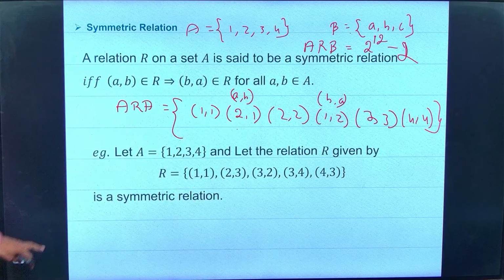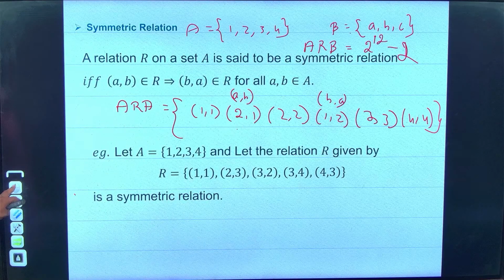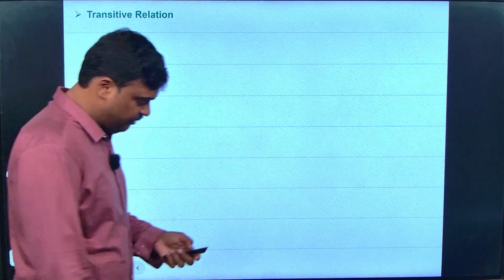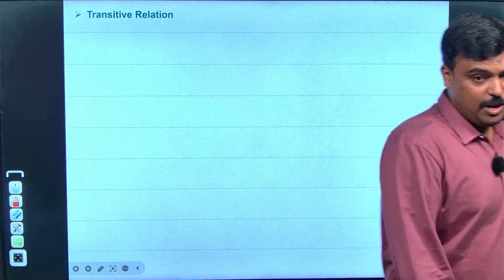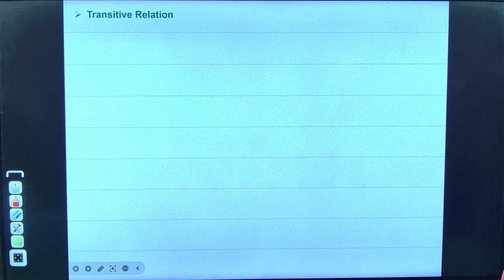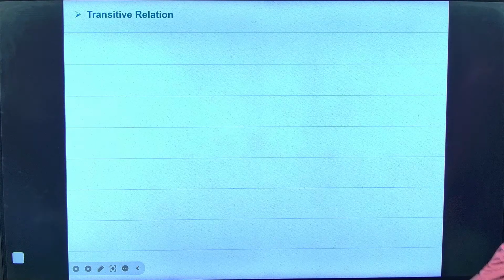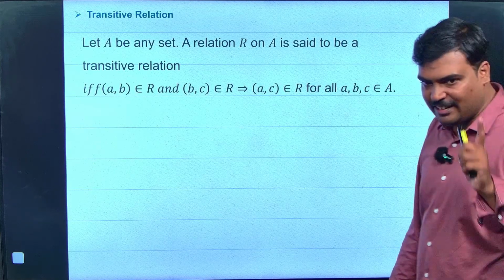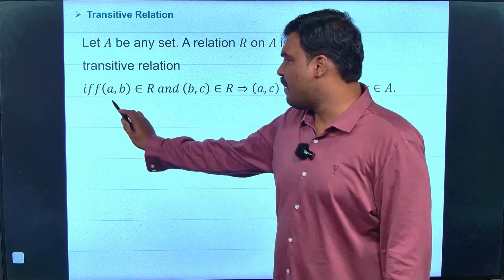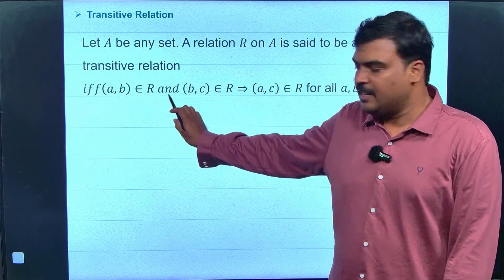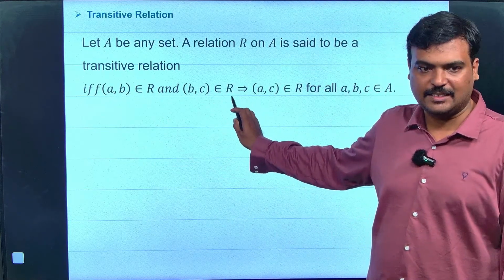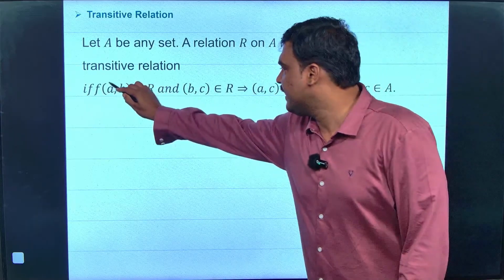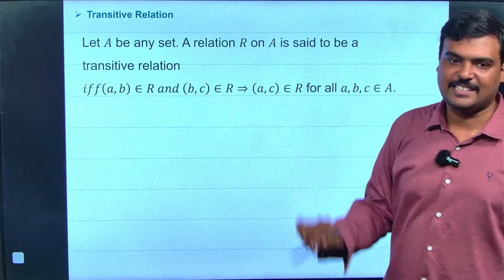Okay. Now we are going to the very important third type, that is transitive relation. Many people had this problem even in school, right? Many teachers wouldn't have taught it. So what is a transitive relation? A transitive relation says if (A, B) belongs to R and (B, C) belongs to R, then definitely (A, C) should be in the relation.